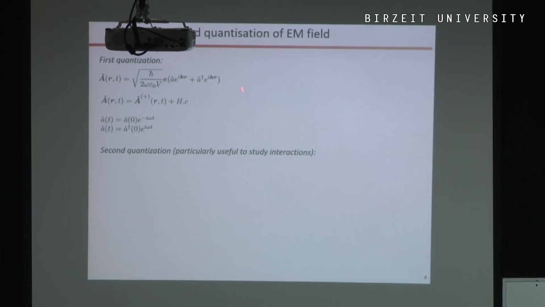Other than that, the spatial distribution remains as it is, and we have here what I didn't mention, of course, light carries electric field, and we have this little E vector that describes the polarization of light.